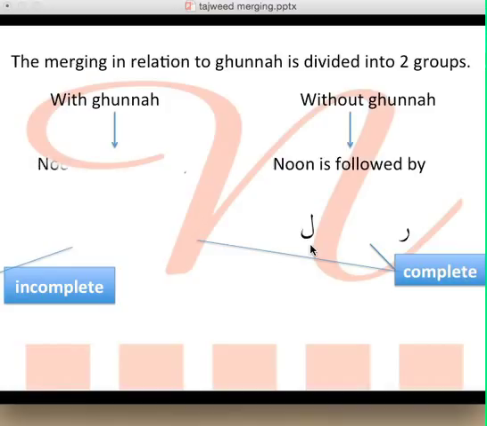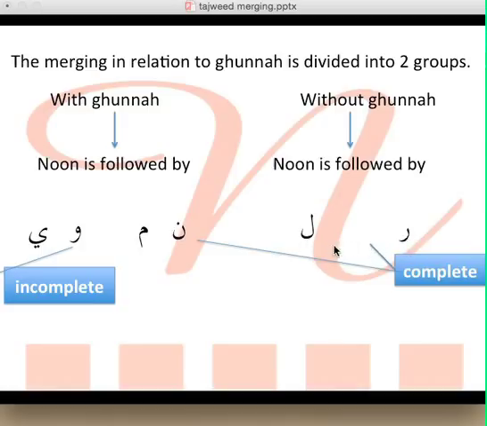The next group, which is with ghunna, is when noon is followed by noon or mim or waw or ya.